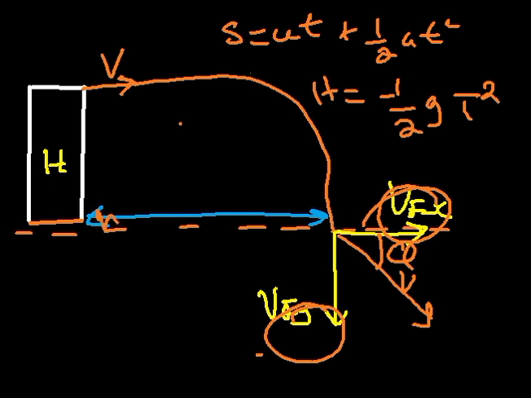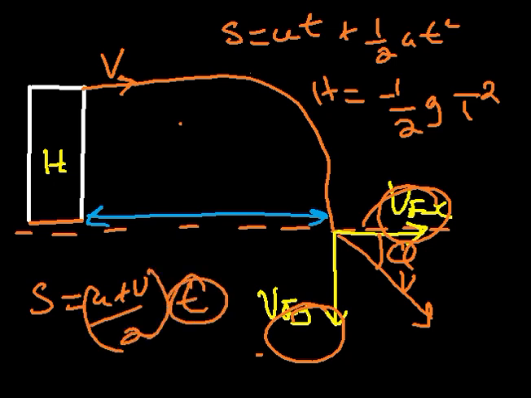We use the total time in the horizontal distance formula. We also use it in the formula for the final velocity along the y-axis. And the height of the building can also be calculated using another formula: displacement equals u plus v over 2 times t, where t is t total, u is the initial velocity along y, and v is the final velocity as the object strikes the ground. This is the maximum height we're talking about, which is the height of the building. So take note of that.